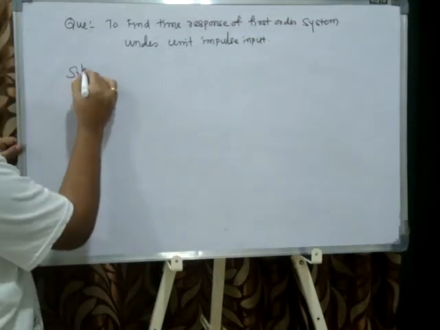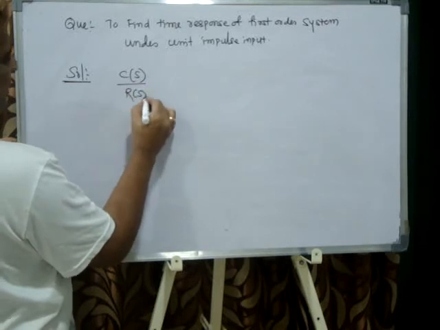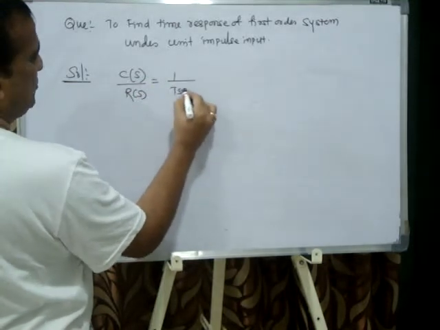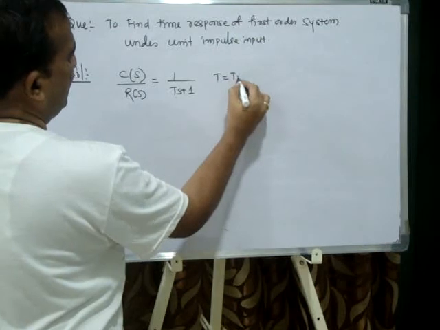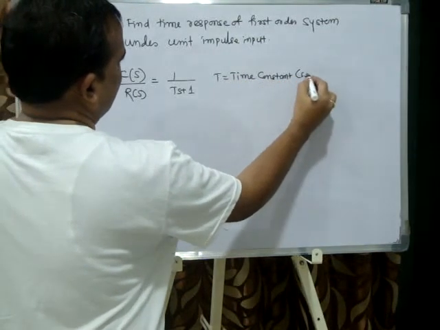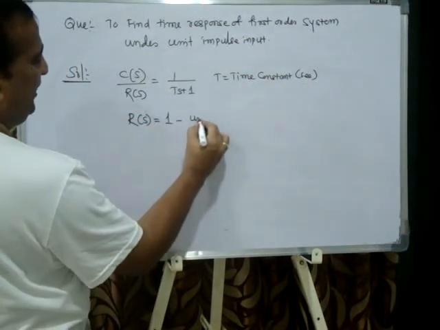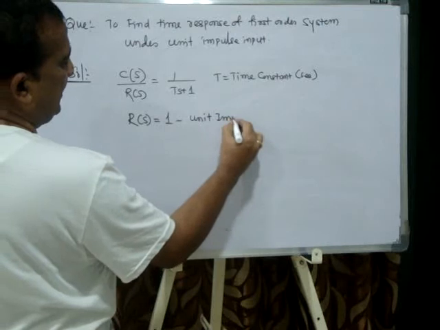We know the first order system transfer function is 1 by Ts plus 1, T equal to time constant in seconds, and R of S equal to 1. What is this? Unit impulse input.